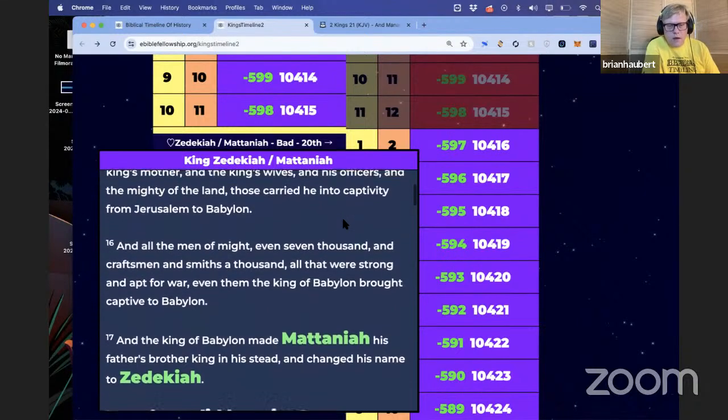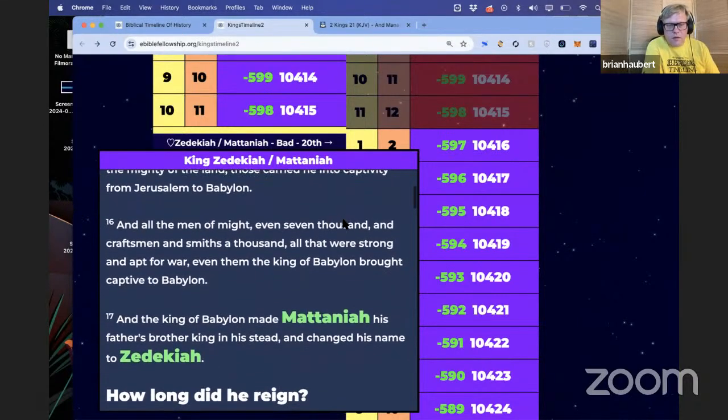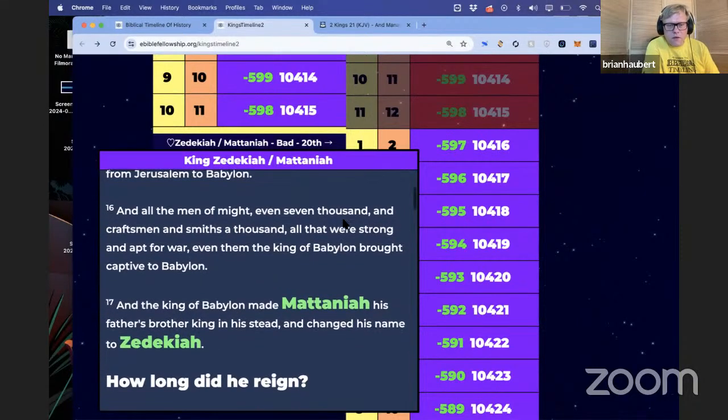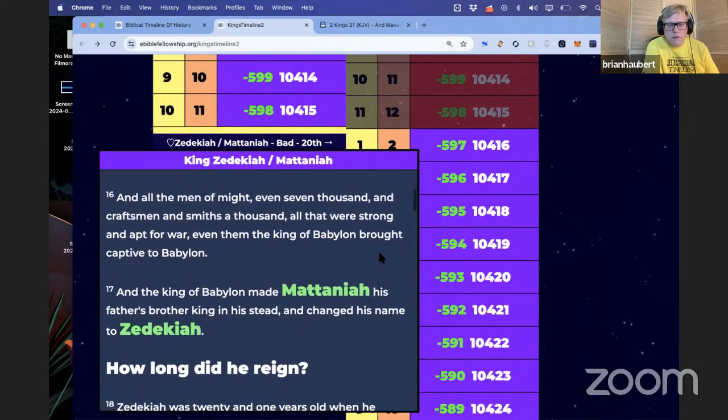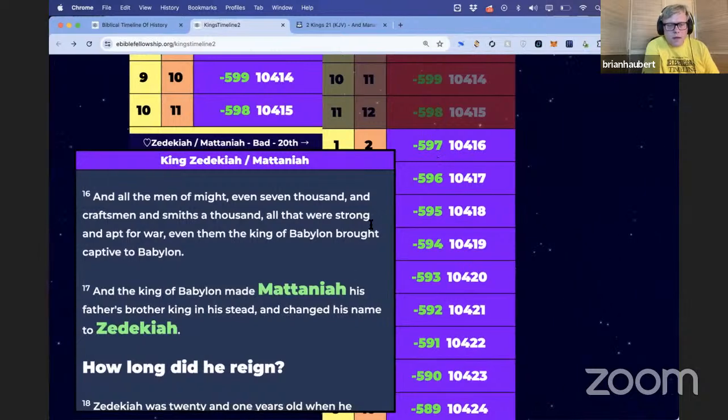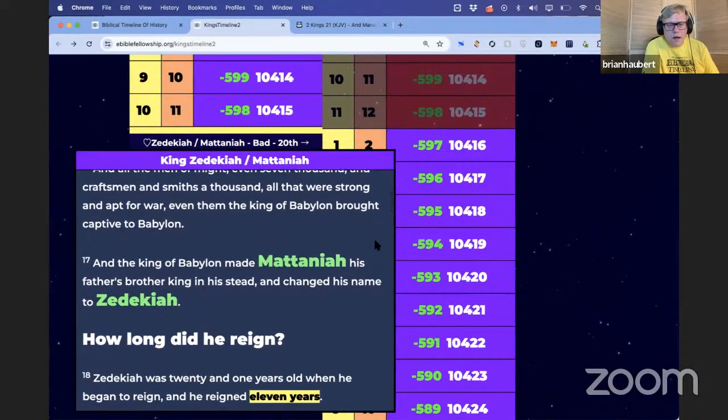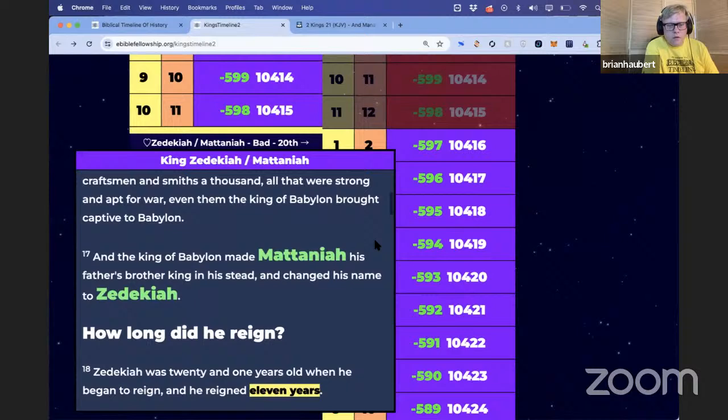And all the men of might, even 7,000, and craftsmen and smiths 1,000, all that were strong and apt for war, even them the king of Babylon brought captive to Babylon. And the king of Babylon made Mattaniah his father's brother king in his stead, and changed his name to Zedekiah.